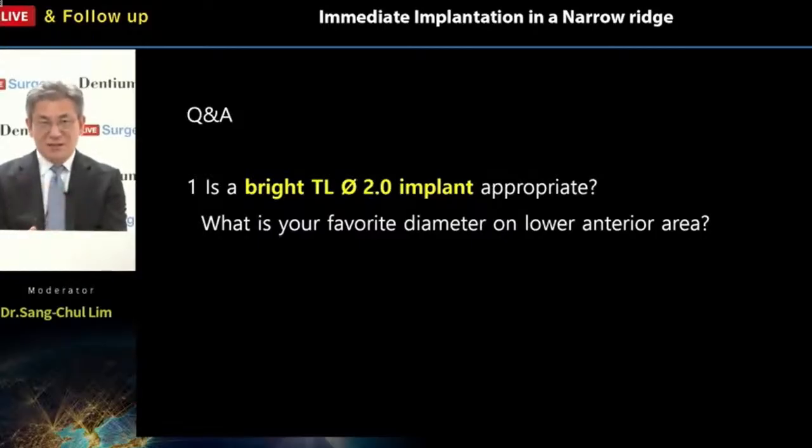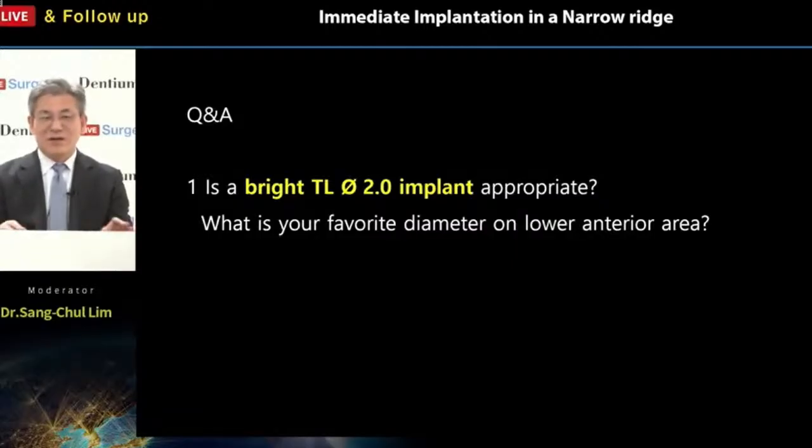That is the limitation of narrow diameter two-piece implants. So in this kind of case, if you choose a 3.0 diameter bone level implant fixture, you have to do something more. What? GBR procedure. So the case becomes complex, complicated, right?